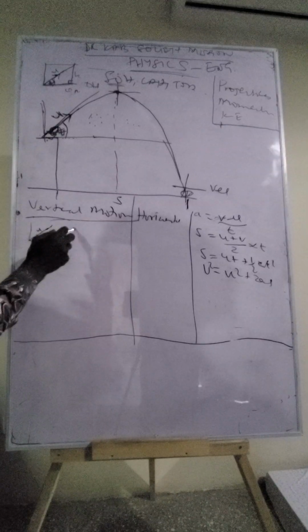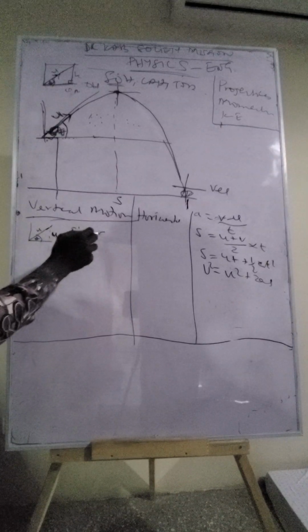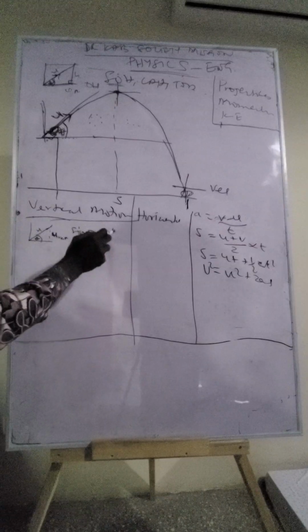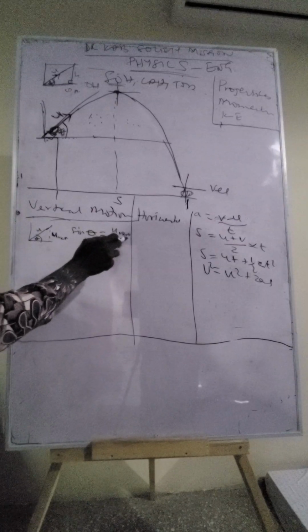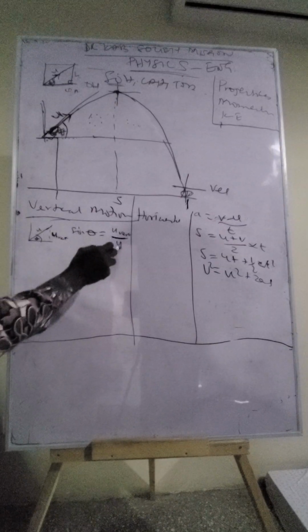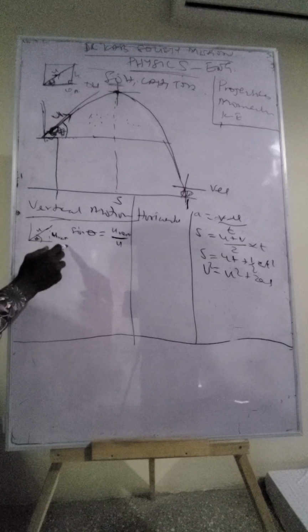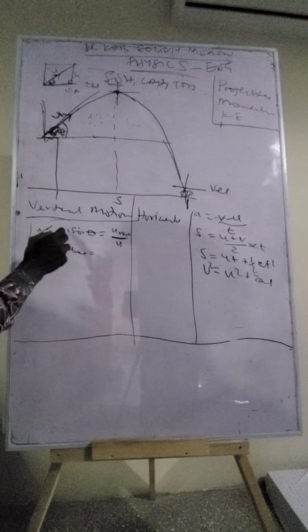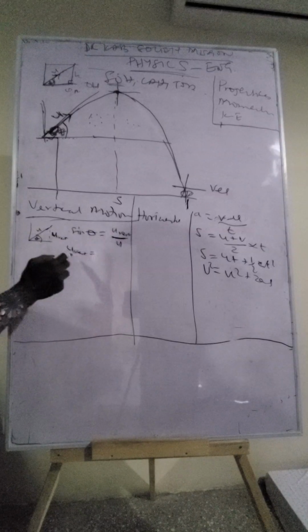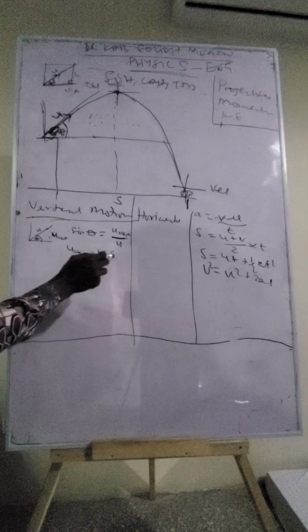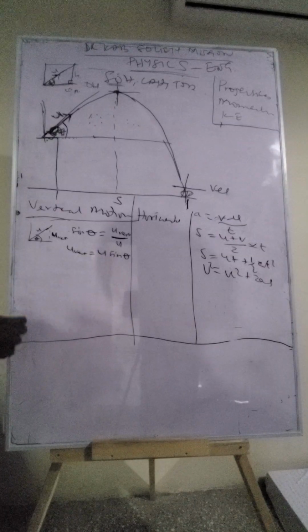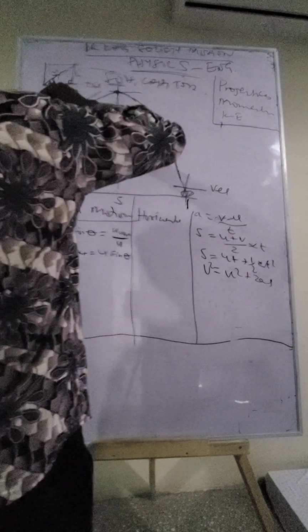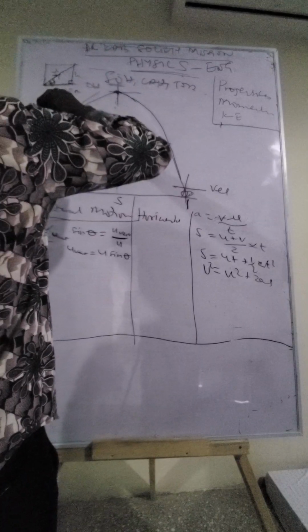So it means that sine theta is equal to the opposite, which is u vertical, over the hypotenuse, which is u. So u vertical is equal to u multiplied by sine theta. It's equal to u sine theta. So it means the velocity in the vertical direction is what?